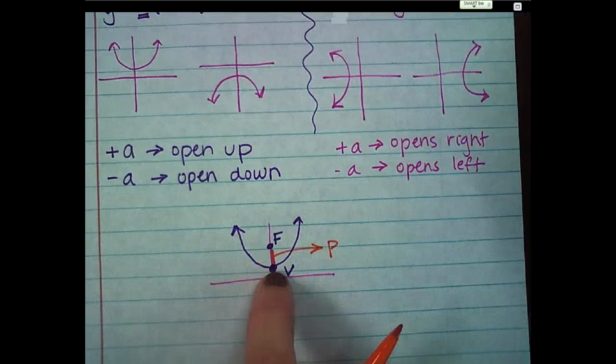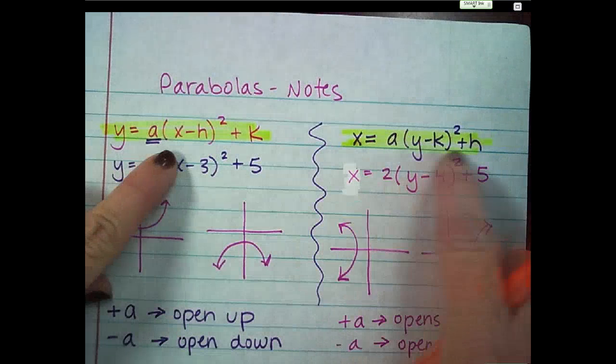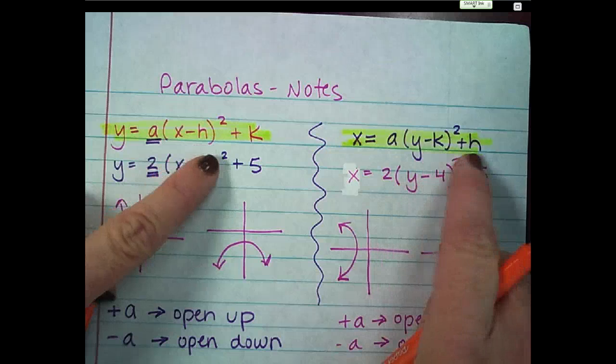So the distance from the vertex, in other words, how much are you going to slide? Are we going to slide C? Do we slide A? Right? It's different in different ones. In a parabola, it's called P. But if you look back at your formula, does it give us a letter P? There's an A, here's an H, there's a K, bunch of stuff.